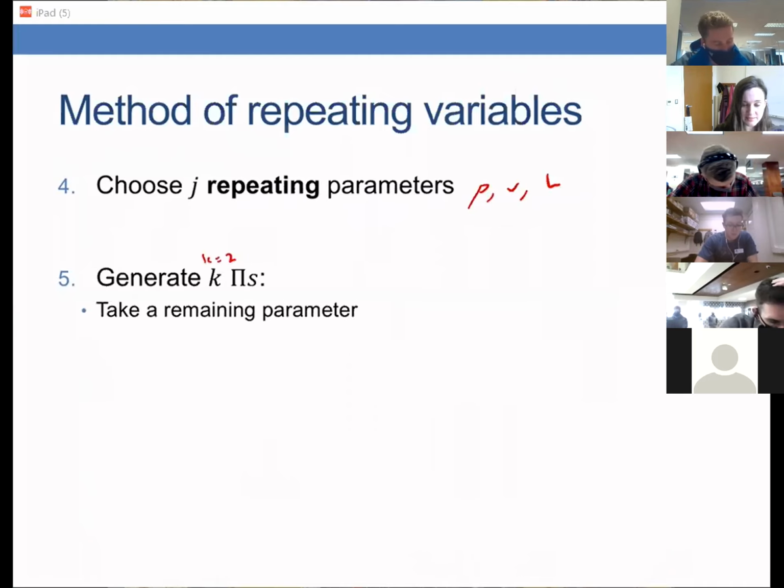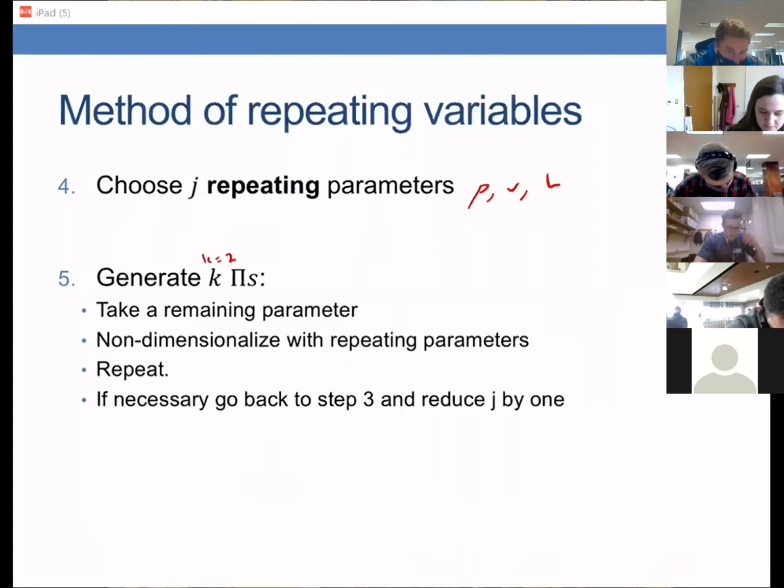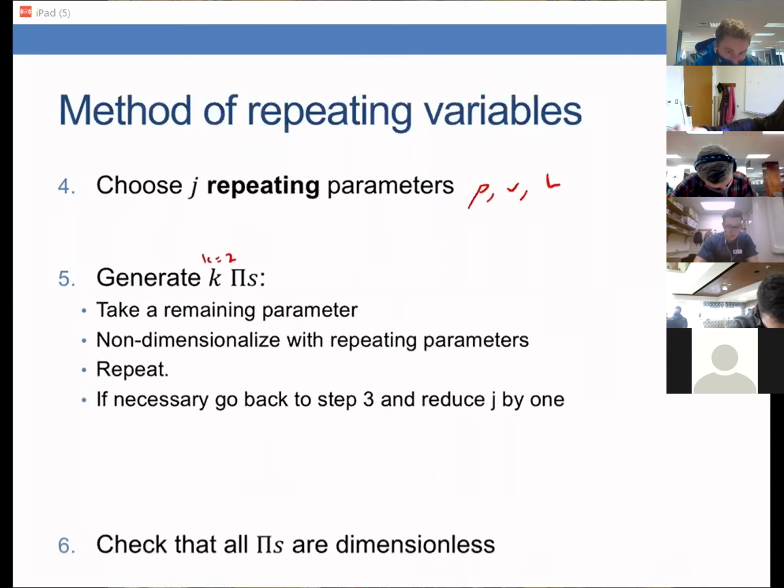Okay. So we're going to take one of the remaining parameters and non-dimensionalize it with the repeating parameters. This is just like when we non-dimensionalized those variables when we non-dimensionalized the equation on Wednesday. So we picked rho, V, and L as our repeating parameters.